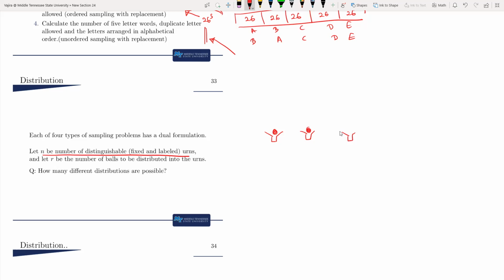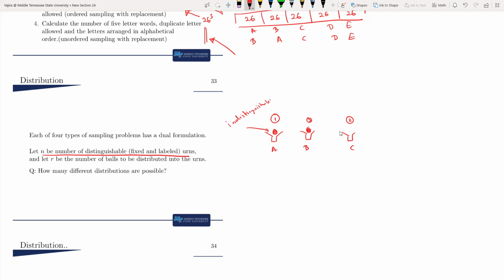So if you have balls like this, then that means they're indistinguishable. Think about urns like A, B, C. Or you can have distinguishable balls like you number them. Okay. So for example, 1, then here you have 2, then here you may have 3.